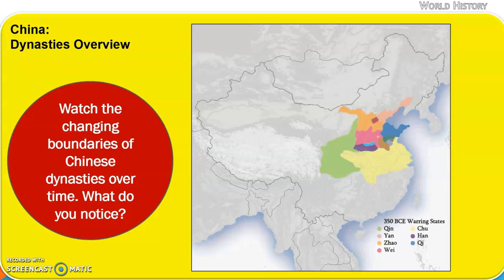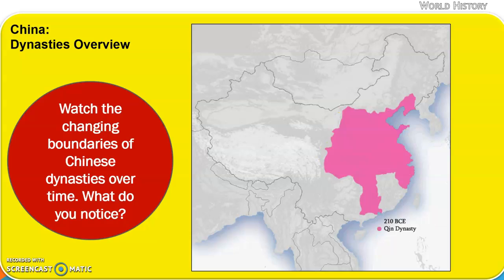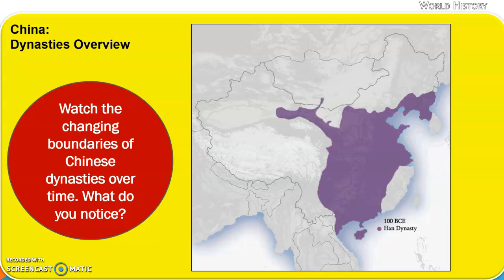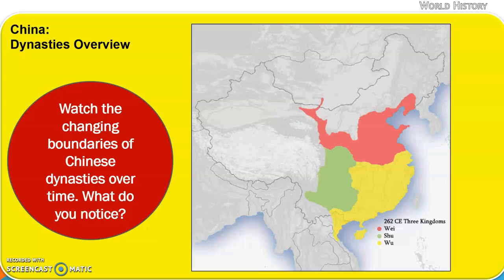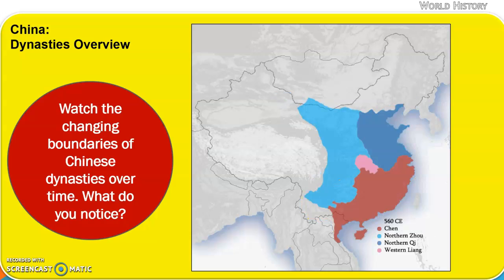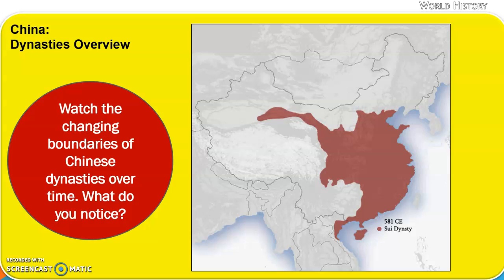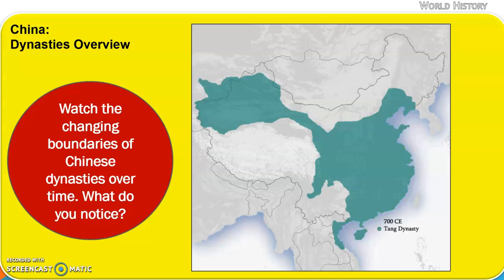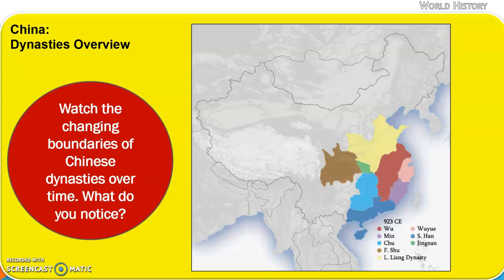I want you to look at the changing boundaries of these dynasties over time. You can see the Han there. But then as we move further, you see the geography changes, and eventually it will lead us to modern day China.